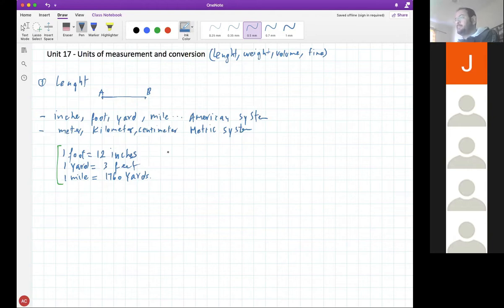So let's say, for example, the relationship between meters and the closest one to inches, which is centimeters. The closest one to inches is centimeters. So let's see 1 meter.